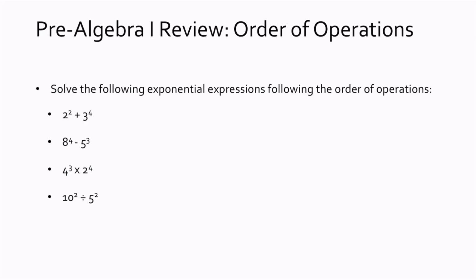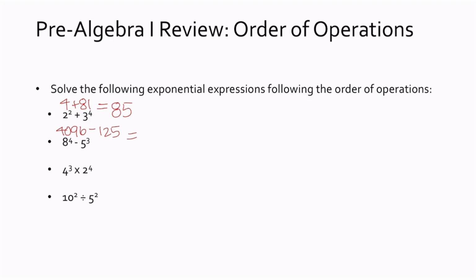So 2 squared is 4, plus 3 to the 4th, which is 81, we're ending up with 85. 8 to the 4th is 4,096, and 5 to the 3rd is 125.